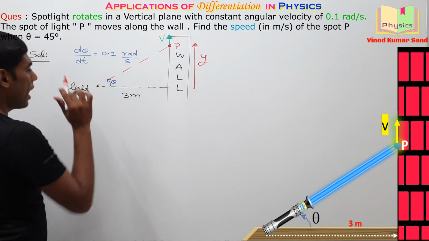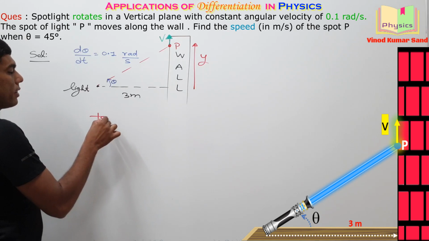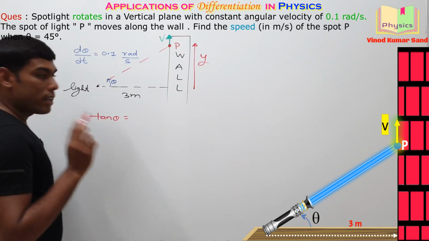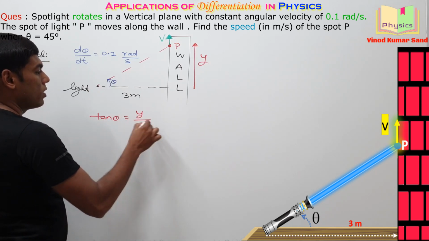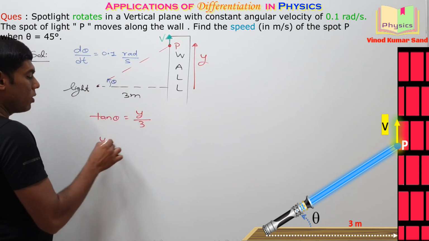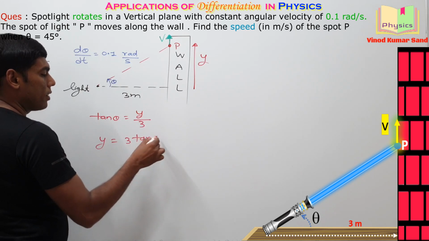Fine. I'm writing the tan theta in this triangle. The tan theta will be written is equal to y divided by 3. Okay. So y is equal to 3 tan theta.